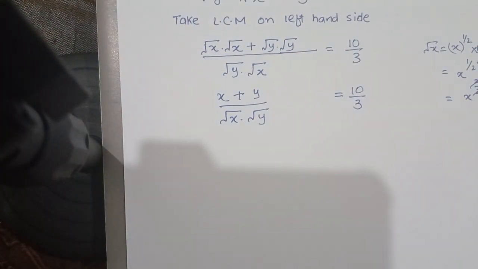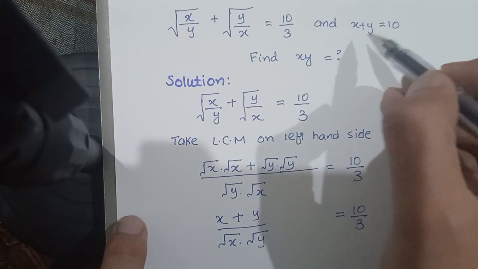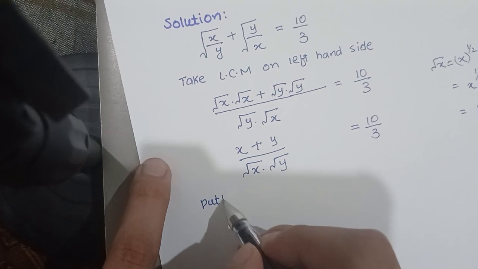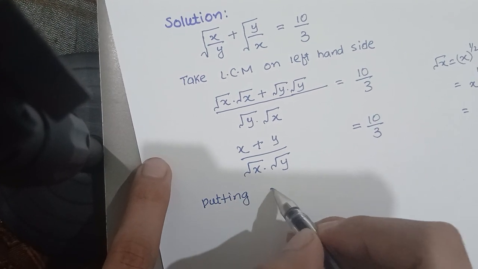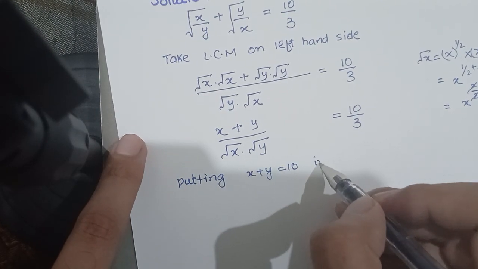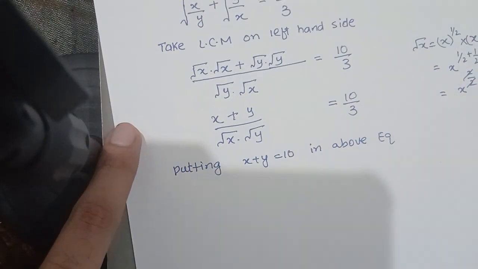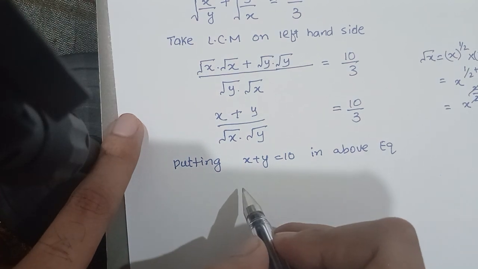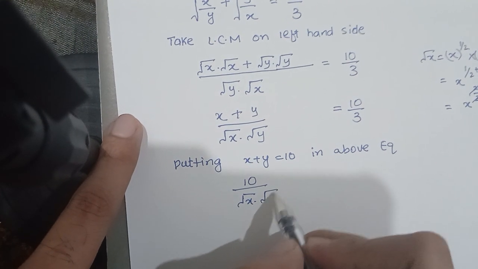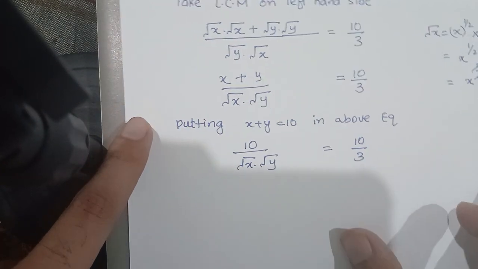So we will put x plus y is equal to 10. When we put this, it becomes 10 divided by under root x dot under root y is equal to 3.